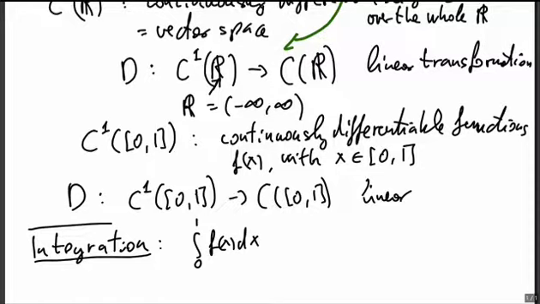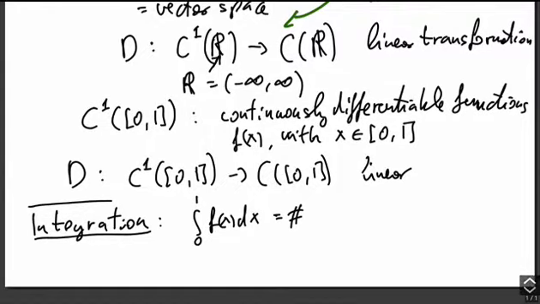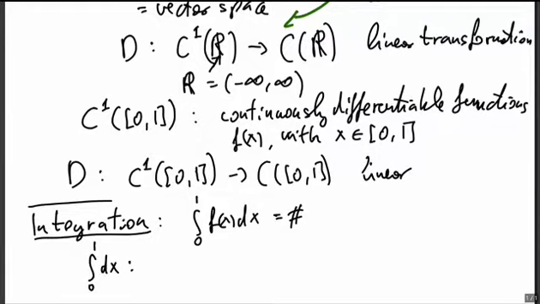So this is supposed to be a number after integration. That means that what we can see here is that the integral operator is actually mapping from L1, I used this before, the space of integrable functions over the interval [0, 1], and it maps into R.